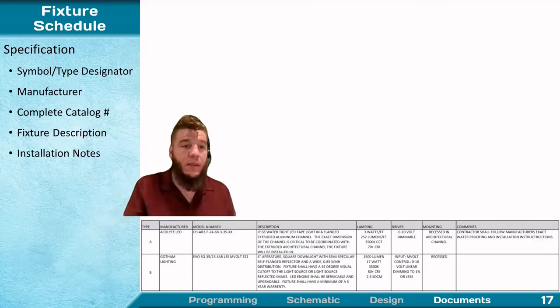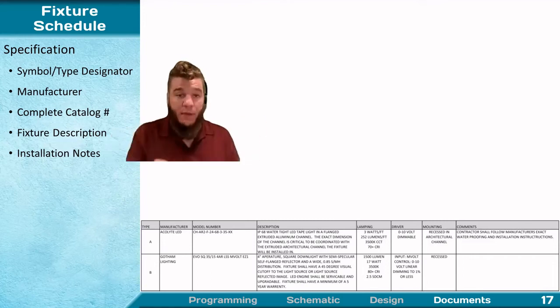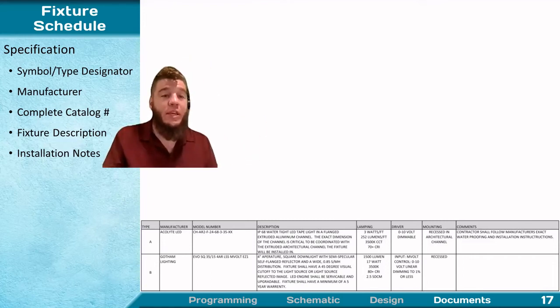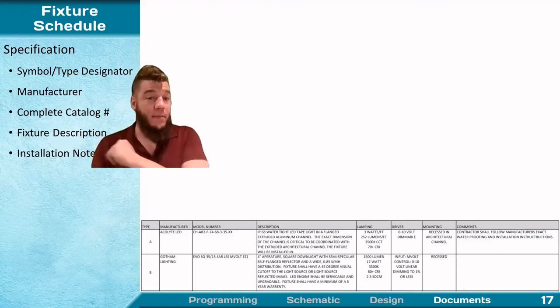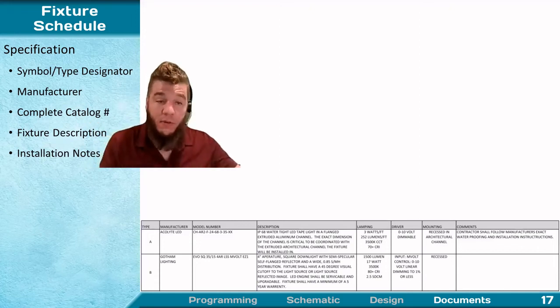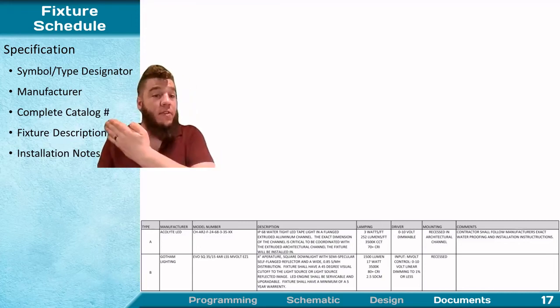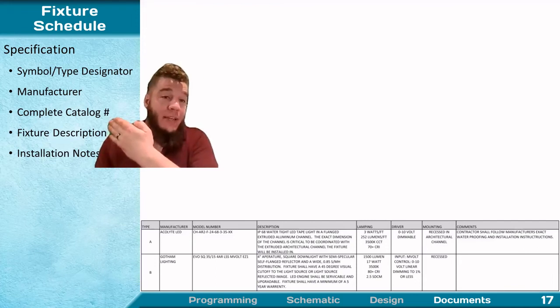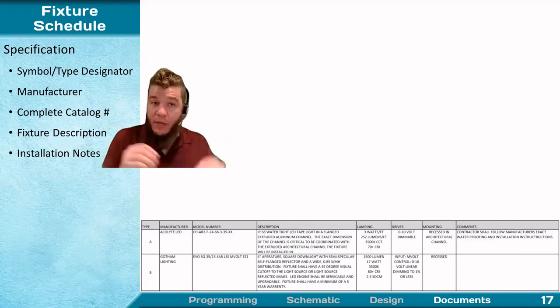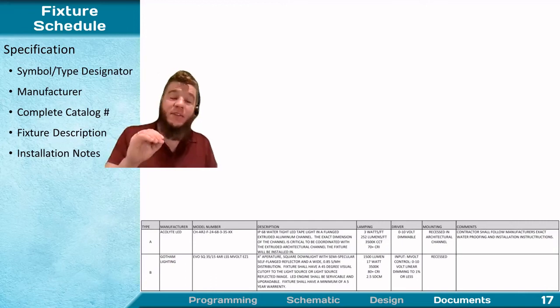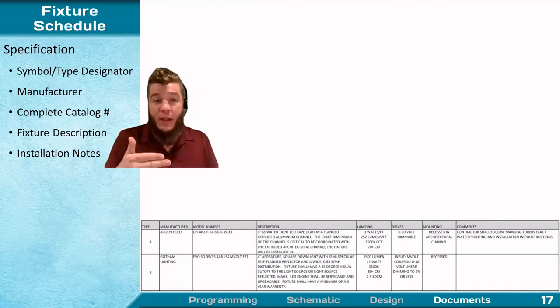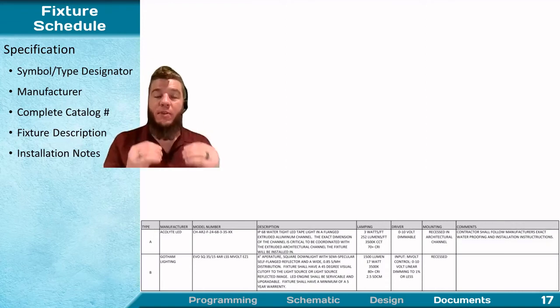You want to list the manufacturer, but the really crucial part, and this is something that I am definitely going to award specific points for in your design projects, is the most crucial part of your fixture schedule. The complete catalog number that you get off the cut sheet for the luminaire specifies not just which luminaire it is from that manufacturer, but also which explicit variant.